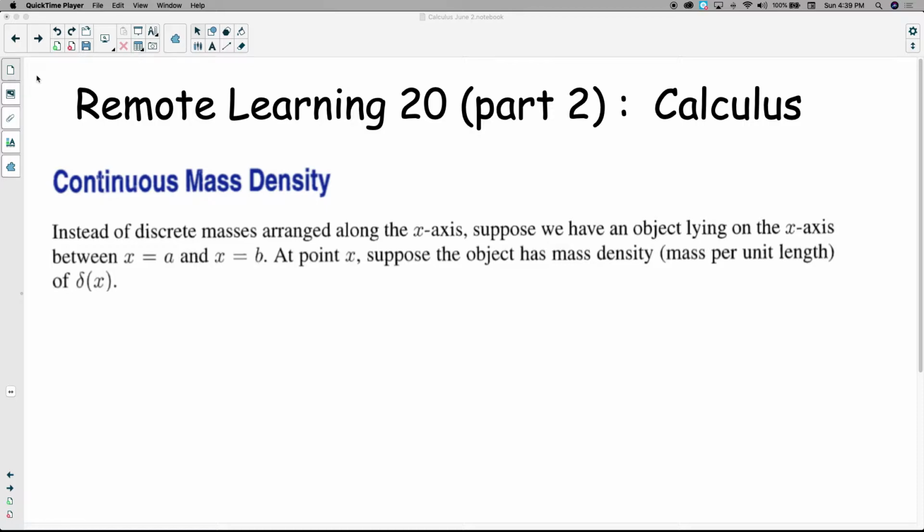It might be more dense on one side than the other, or it might be more dense in the middle and less dense on the edges. And of course, then we would need some sort of function that describes the densities at some x value to help us out. But that's the idea, that we're going to have along the x-axis a rod of some kind, but it's going to not be of uniform density.